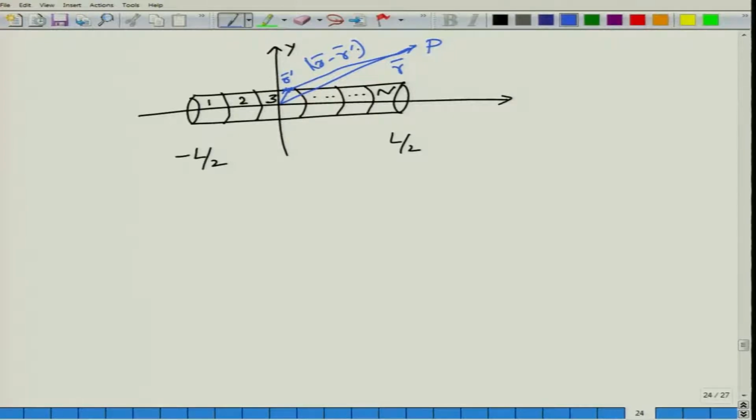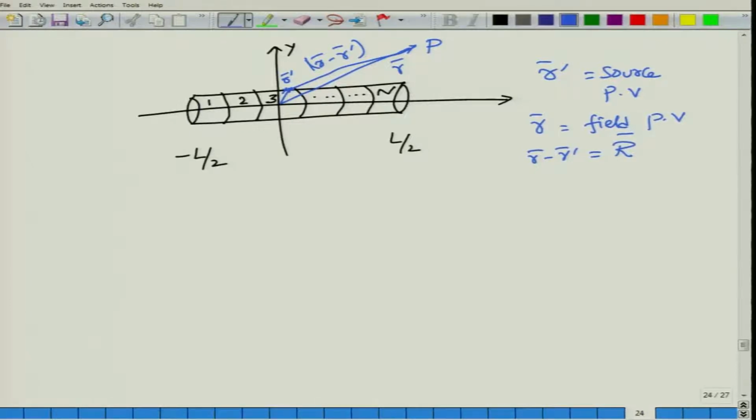Please note that r prime is called the source position vector, and r is called the field position vector. What we are interested in is not r or r prime themselves, but the difference between these two, which we will designate by some capital R, a vector R if necessary.